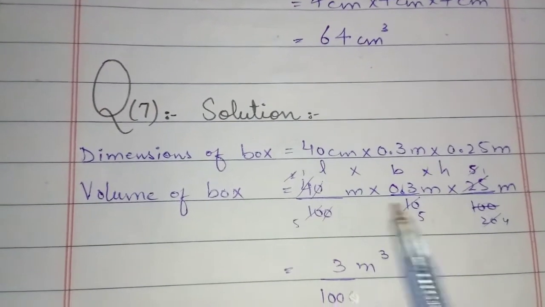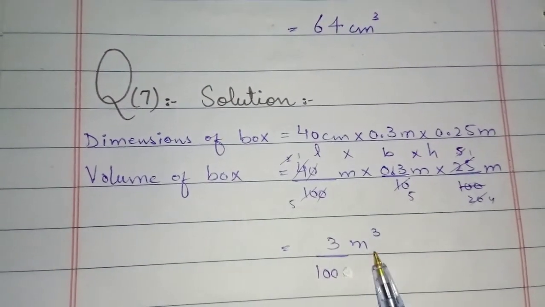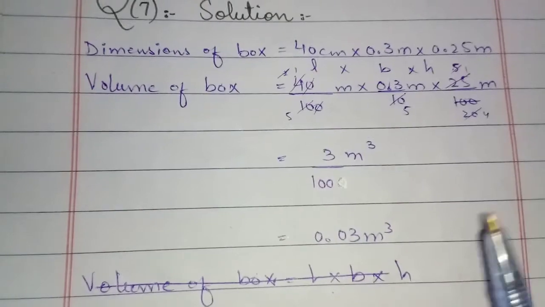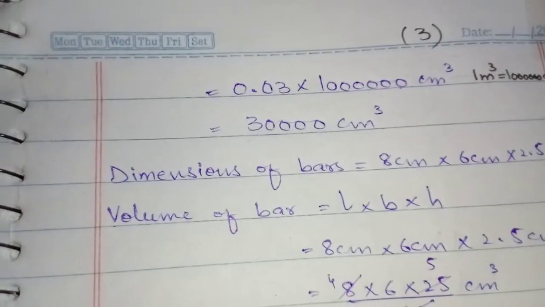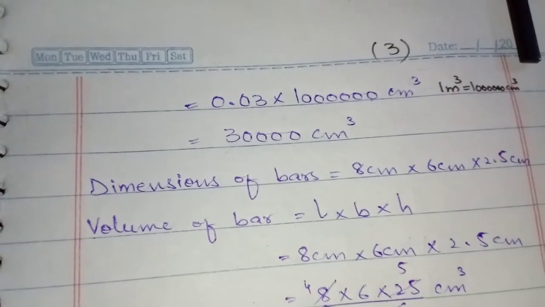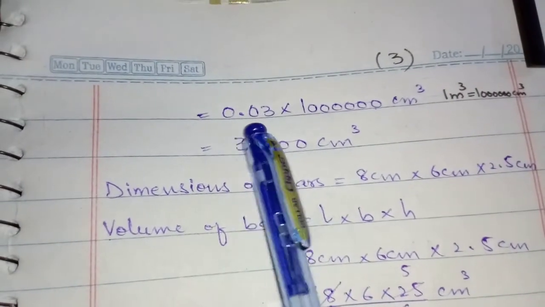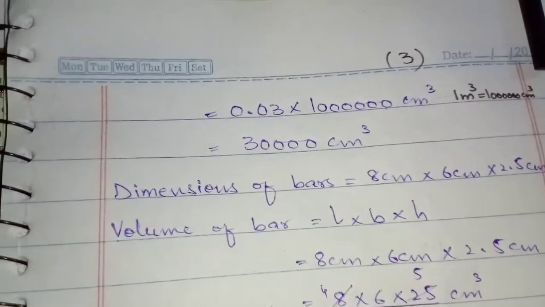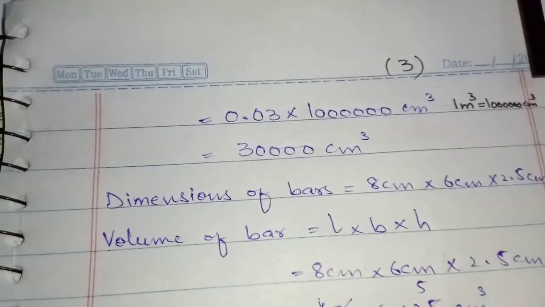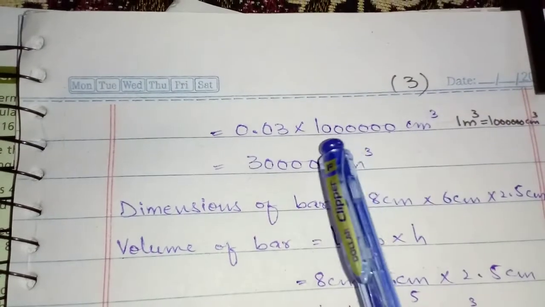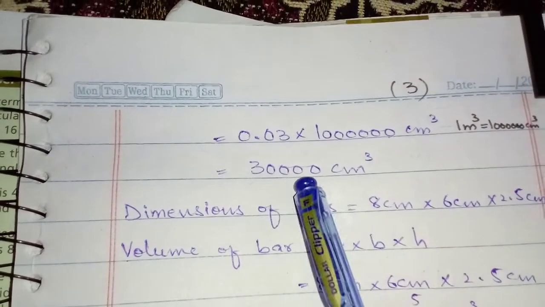After all these cancellations we get 3 over 100 meter cube, that is equal to 0.03 meter cube. The dimensions of the bars are given in centimeters, so we have to convert 0.03 meter cube into centimeter cube. So we multiply it by 1 million and we get the answer 30,000 centimeter cube.